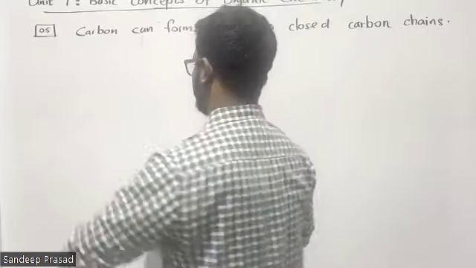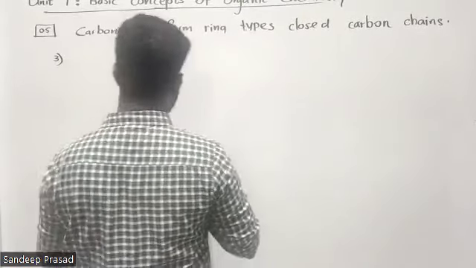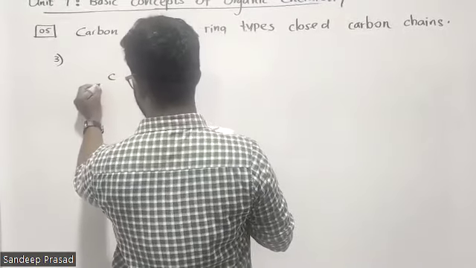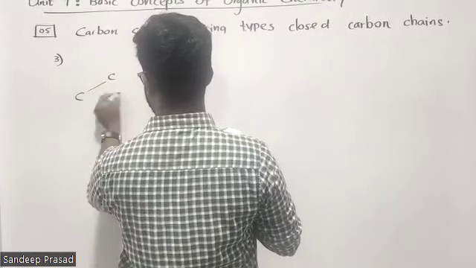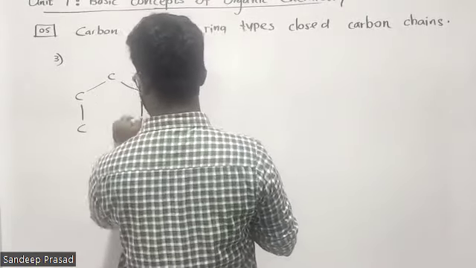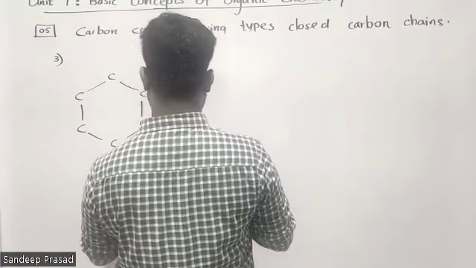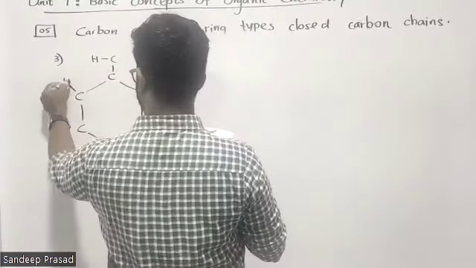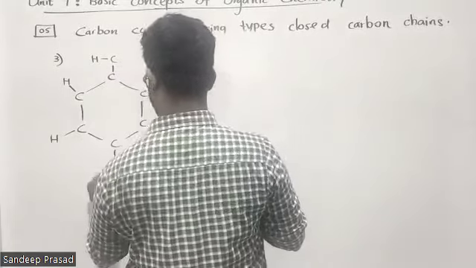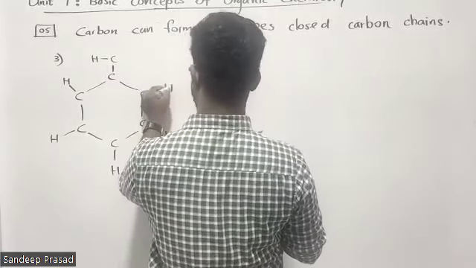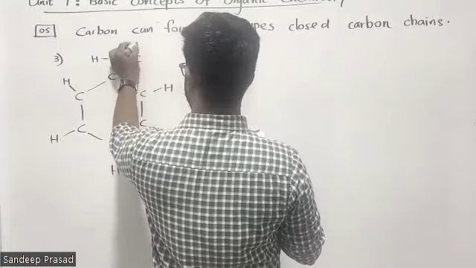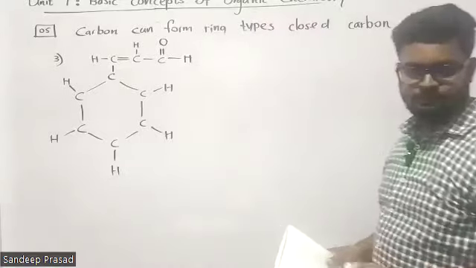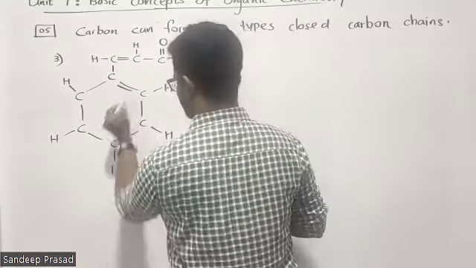Right. Third one. Look at the third example. This is also a kind of ring type molecule. You can check that everyone is satisfying the octet.